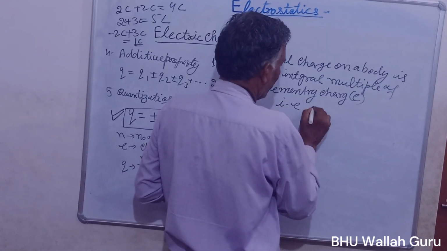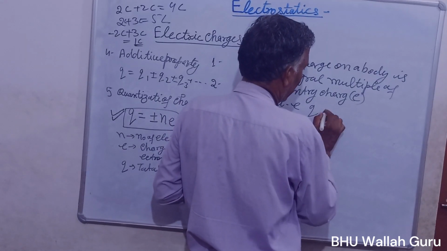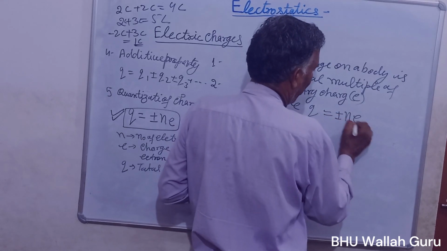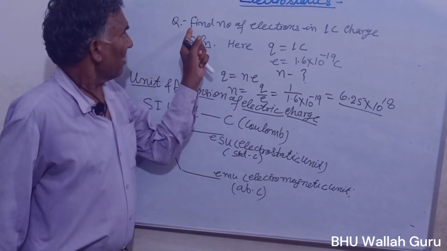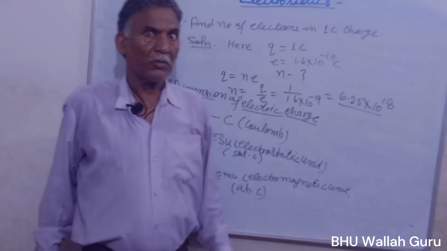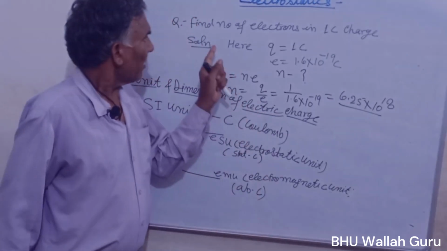That is, Q is equal to plus or minus n e.